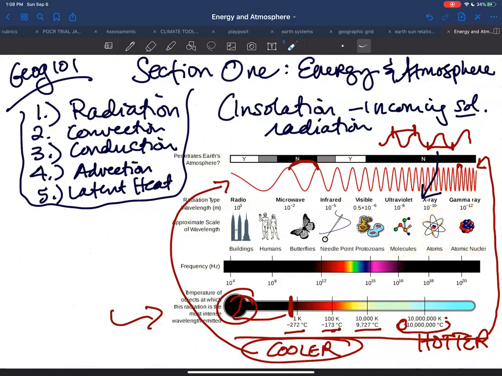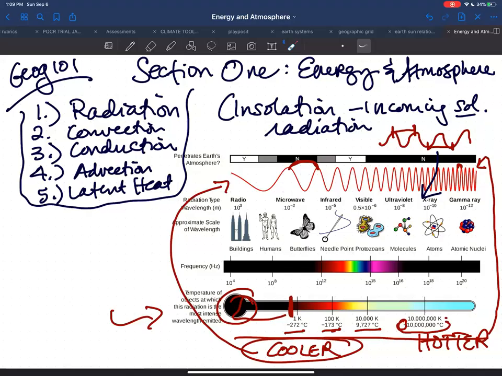And then as we get bigger, this is something that we can't see, this small. As we get bigger, you can think of it as like the point of a needle, or as big as butterflies, or as tall as humans, or even the Empire State Building and larger. So I just think this is a really great visual to understand that.